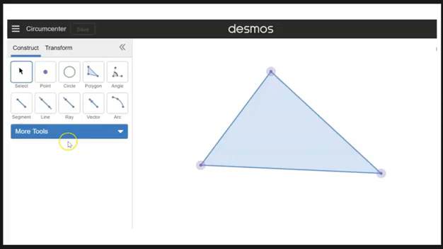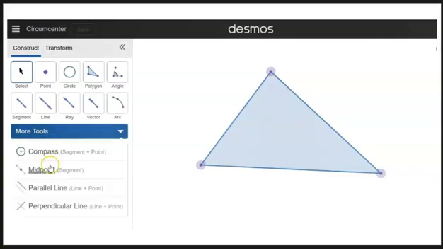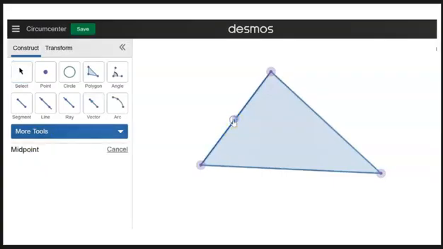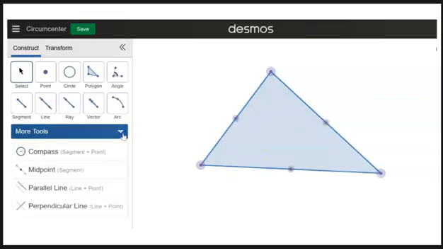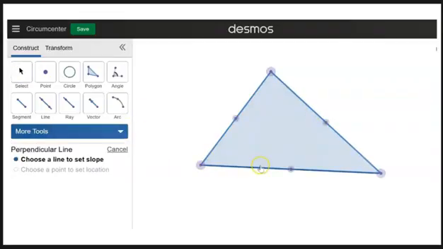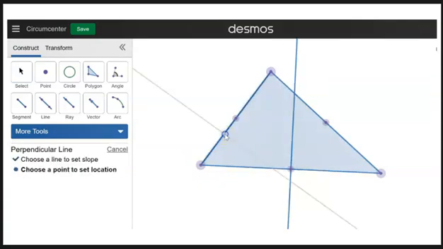To find the circumcenter, I need to construct the perpendicular bisectors of the sides. So I want to start by finding the midpoint of each side. And then I'll construct perpendicular lines that pass through each of these midpoints.